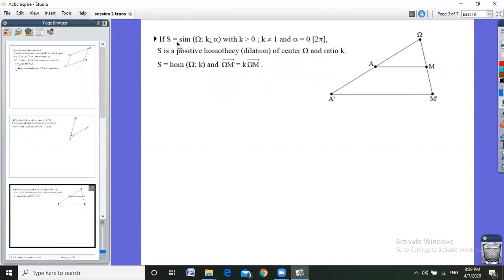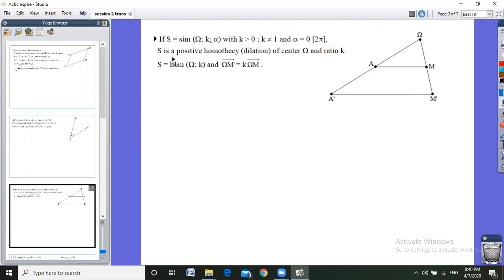Now, if S equals similitude omega K alpha with K strictly positive and K different than 1, and alpha equals 0, then since alpha is 0, the angle of omega M, omega M prime equals 0. That is, the points omega, M and M prime are collinear in this case.